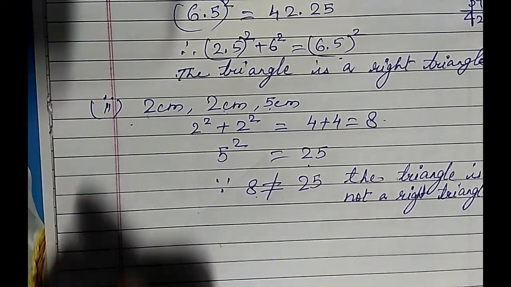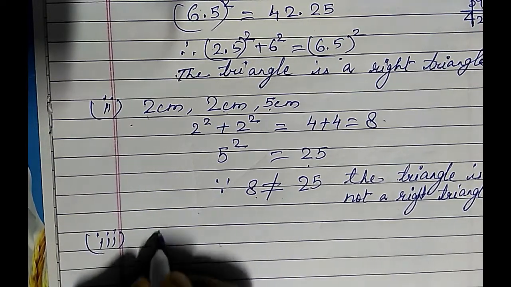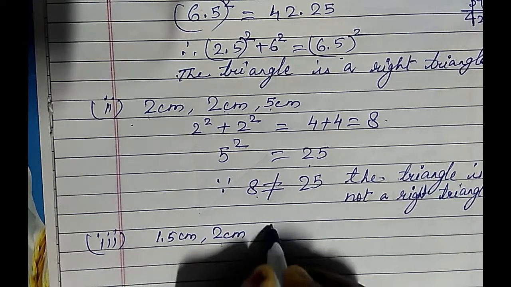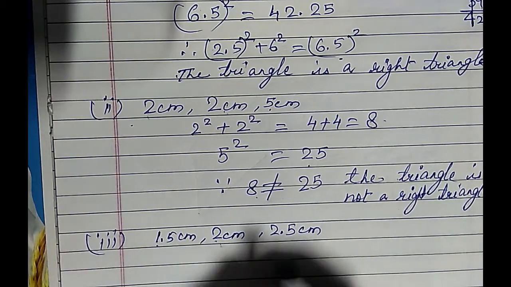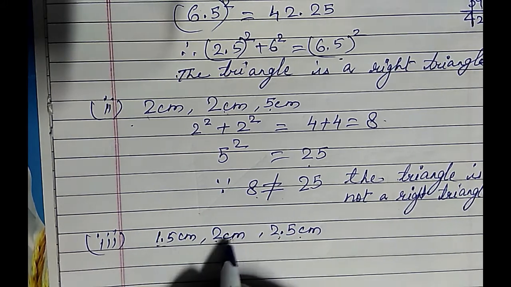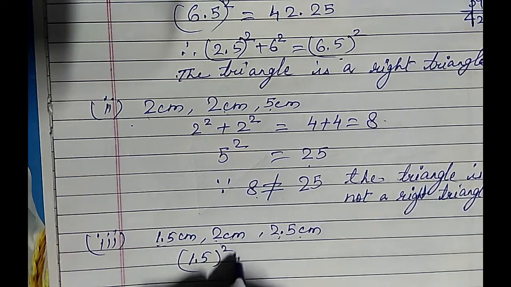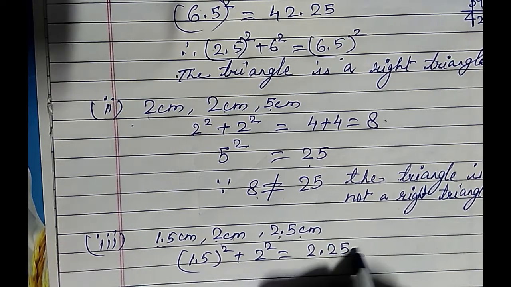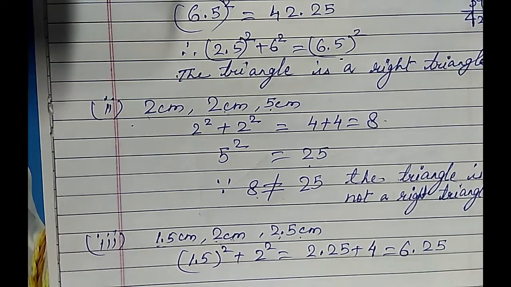Third question. Here 1.5 centimeter, 2 centimeter, 2.5 centimeter. ये दोनों legs हो जाएंगे. This will be the hypotenuse क्योंकि ये सबसे बड़ी side है. So let me find the sum of the squares of the legs. 1.5 का square plus 2 square, that is equal to 2.25 plus 4, and this is equal to 6.25.